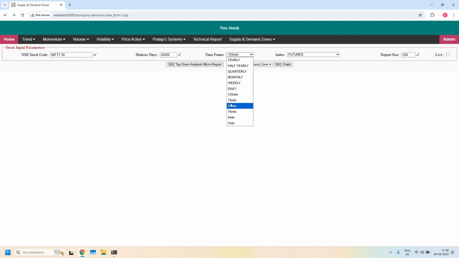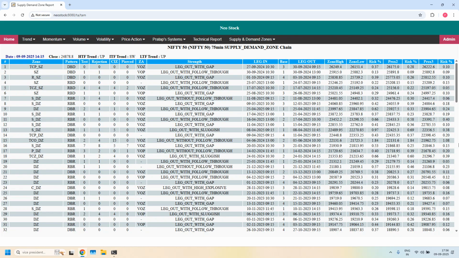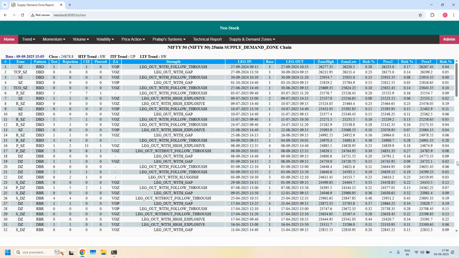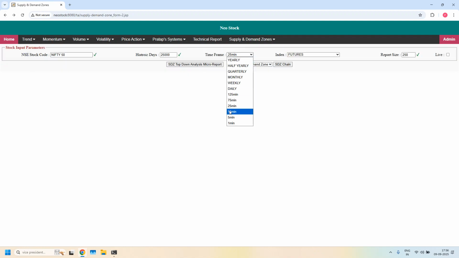Next, generating 75 minutes supply demand zone chain for Nifty. Next, generating 25 minutes supply demand zone chain for Nifty. Next, generating 15 minutes supply demand zone chain for Nifty.